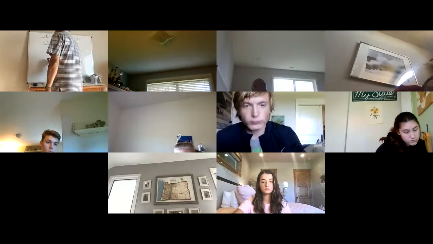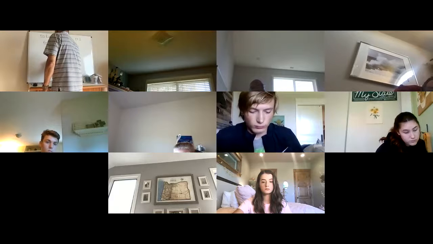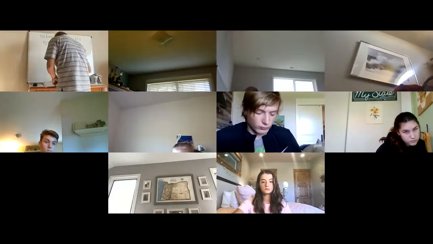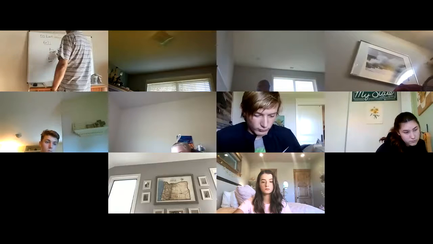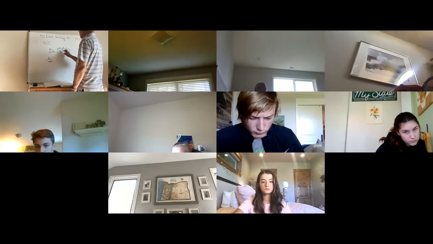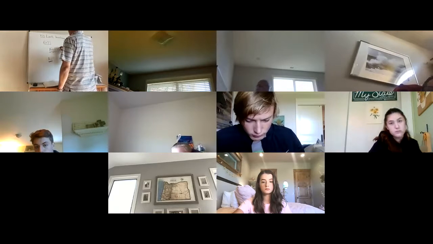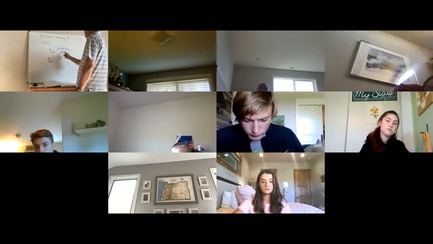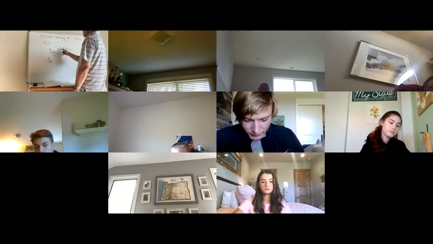Okay, so what I would do here is go ahead and take the limit as x goes to infinity. This is basically the same as just this term, right? Because as x goes to infinity, this term is going to dominate the top and this one is going to dominate the bottom.